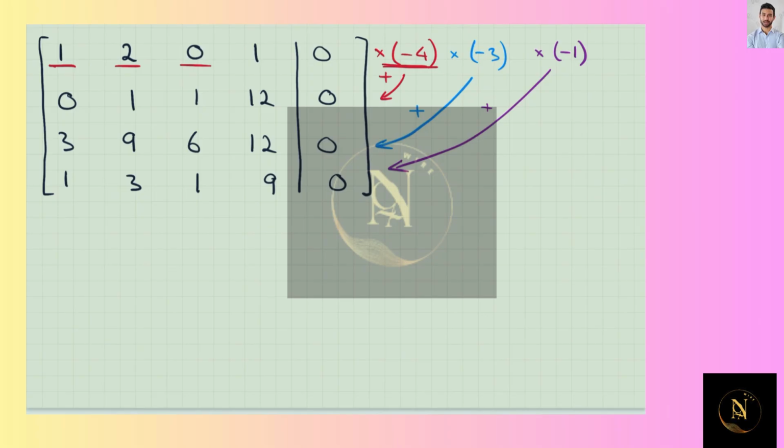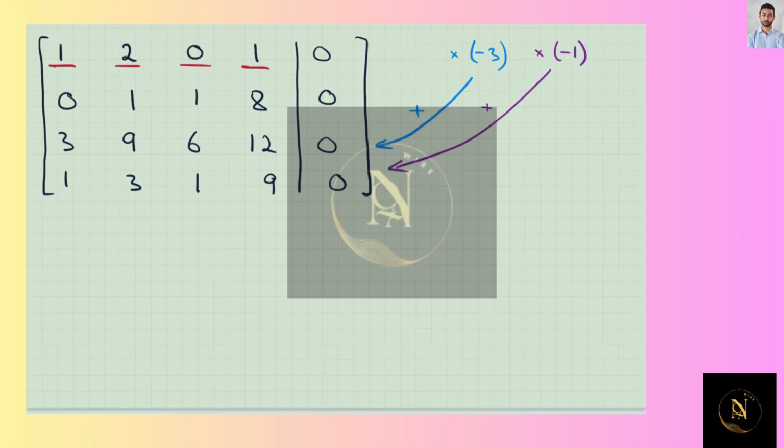Next, 0 times -4 is 0, plus 1 is 1. So we are not changing this entry. Then 1 times -4 is -4, and 12 minus 4 equals 8. And 0 times -4 plus 0 is going to be 0. So we are done with the second row.